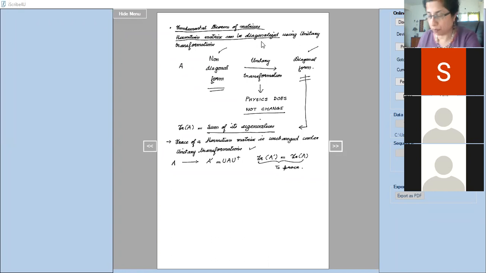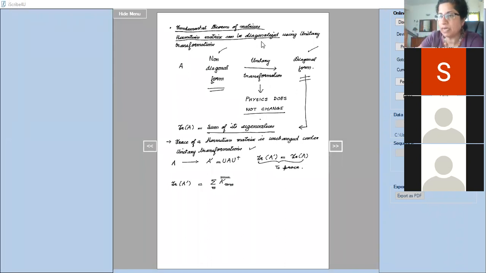All right, so how do we prove this? Let's take trace of A prime. What is trace of A prime? It is summation over M, A prime MM. So essentially we are summing over all the elements where the row number is equal to the column number, and that will be only true in the leading diagonal.